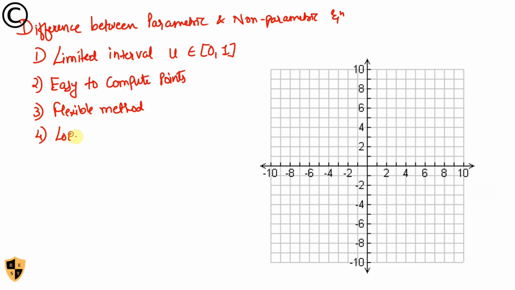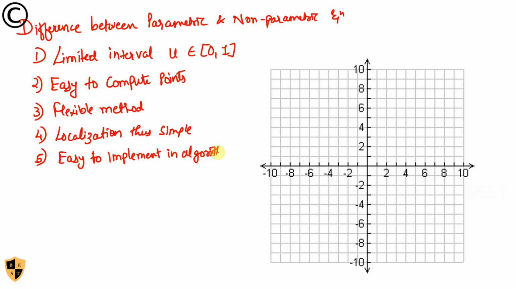Fourth, you are doing localization, thus it is a simple method to use. Fifth, it is easy to implement in algorithms. So for computer aided design in your systems, computers, generally this parametric equation will be easy to implement.